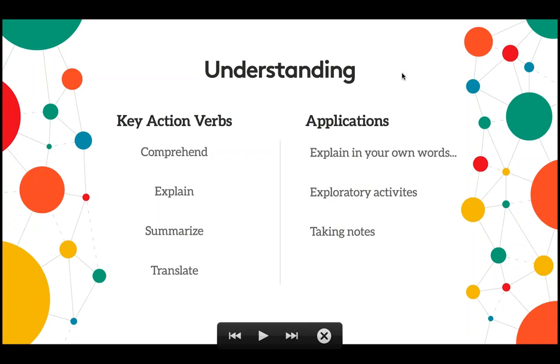This is how I understand what Aaron is saying right now. And exploratory activities are ones that I'm a huge fan of, where you say, okay, we just learned about some of the basic human skeletal structure. Now, I want you to go online and start researching a specific portion further. Start understanding, why is it there?